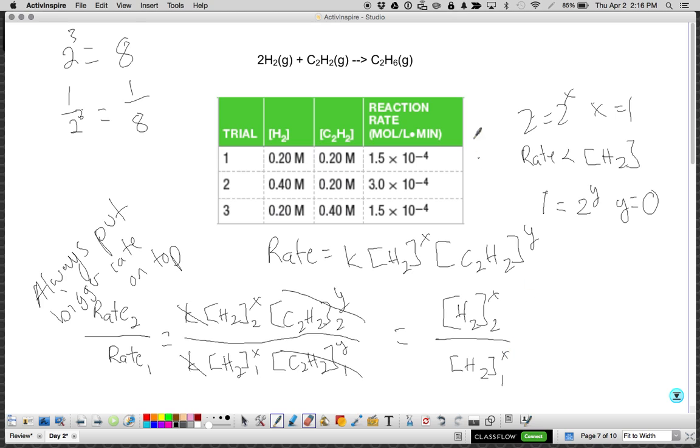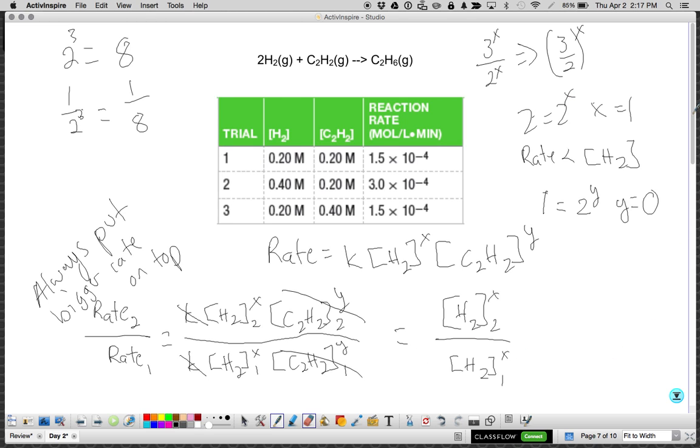the concentration of H2 in 1 to the x. Now, hopefully, you remember that if you have something like 3 to the x over 2 to the x, you can simplify that by saying it's 3/2 all raised to the power of x. Hopefully you remember that from algebra.